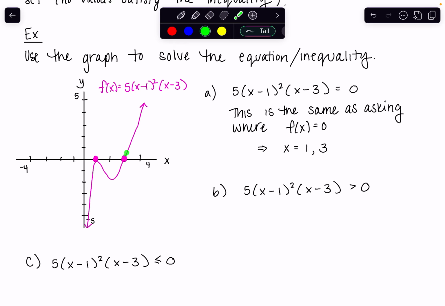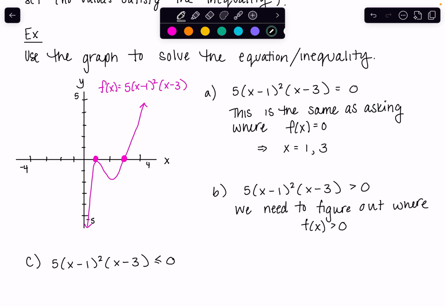I'm just going to utilize where the function is positive, and that would be over here. You want what x values it happens for. So we need to figure out where f of x is greater than 0, and that means the output of the function is positive. This is the same thing as asking where the y is positive, so where is the function above the x-axis?